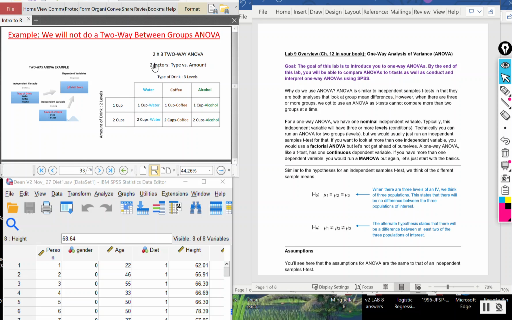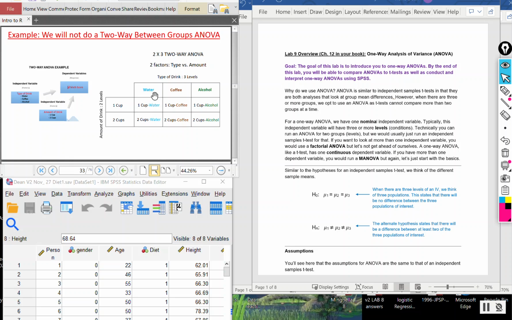I guess a better way of saying this is the amount of drink condition is going to intersect with the type of drink condition. And so we have the first level of the type of drink condition intersecting with the first level of the amount of drink condition.